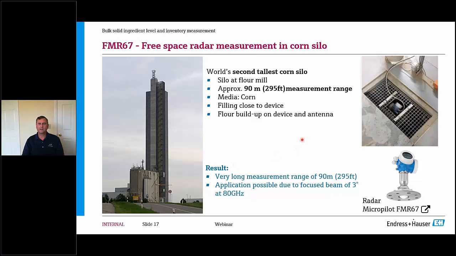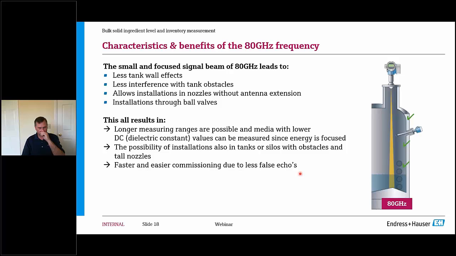This really would have been very difficult or pretty much impossible to do without the use of the 80 gigahertz and the 3-degree angle of the microwave energy focused down into this very tall, narrow silo. So that's where the developments have evolved over the last 3 to 5 years.